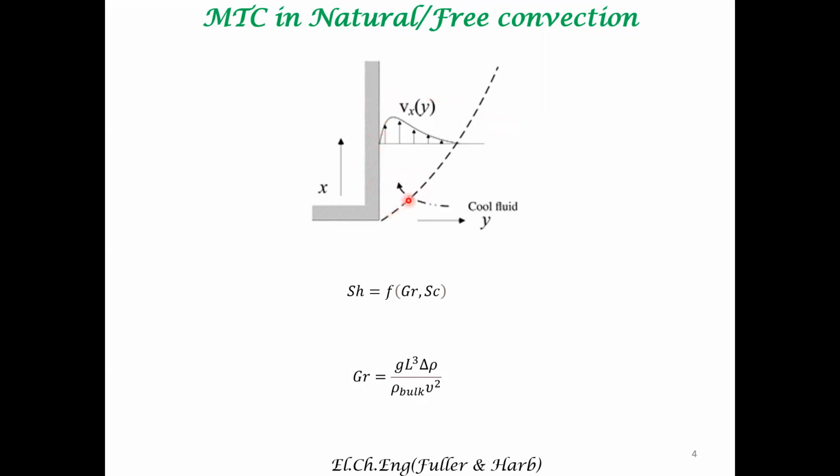This gives you the velocity at the boundary layer. So these you must have seen in heat transfer. We are using the analogy between density differences induced by temperature to density differences induced by an electrochemical reaction.